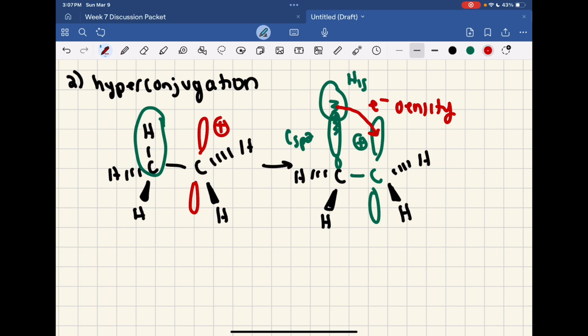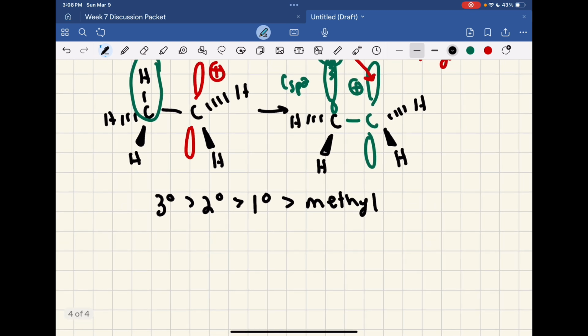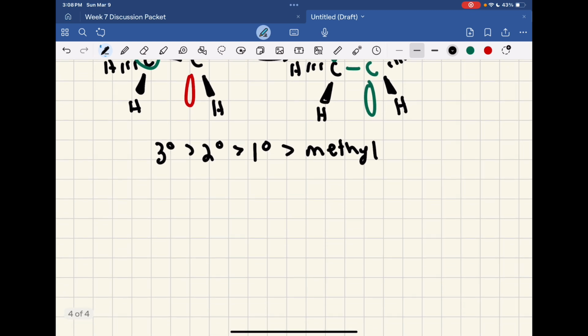Okay, so you can now imagine why we saw tertiary is greater than secondary, which is greater than primary, which is greater than methyl, just based on sheer statistics of how many orbitals are likely to lean over. You can imagine with a tertiary carbocation, you have 3 possible groups that could lean over.